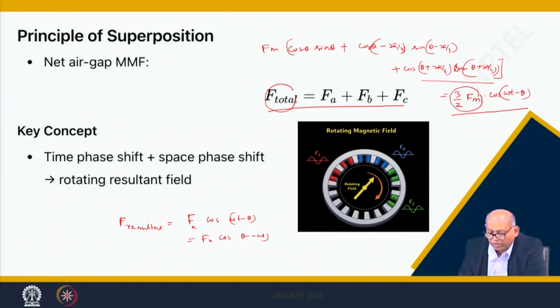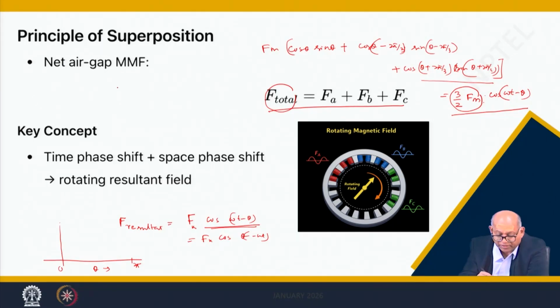So what is this wave? This is called a travelling wave. If you plot it with theta, at time t equal to 0, this becomes Fk cos theta.